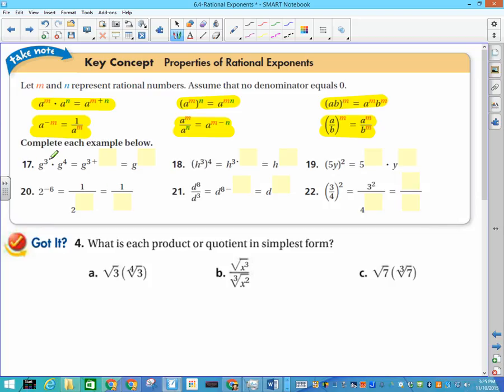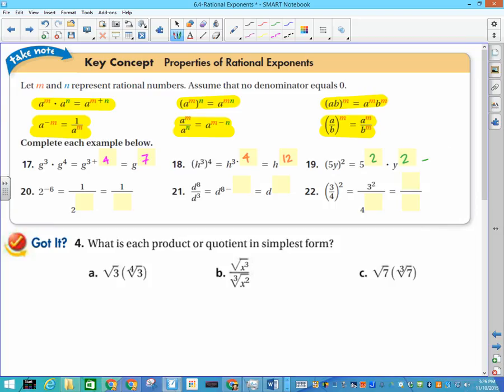So g to the third times g to the fourth is g to the 3 plus 4, which is g to the 7th. h to the third to the fourth is h to the 3 times 4, which is h to the 12th. 5y quantity squared, that's a product, so I have to put that 2 on both terms.